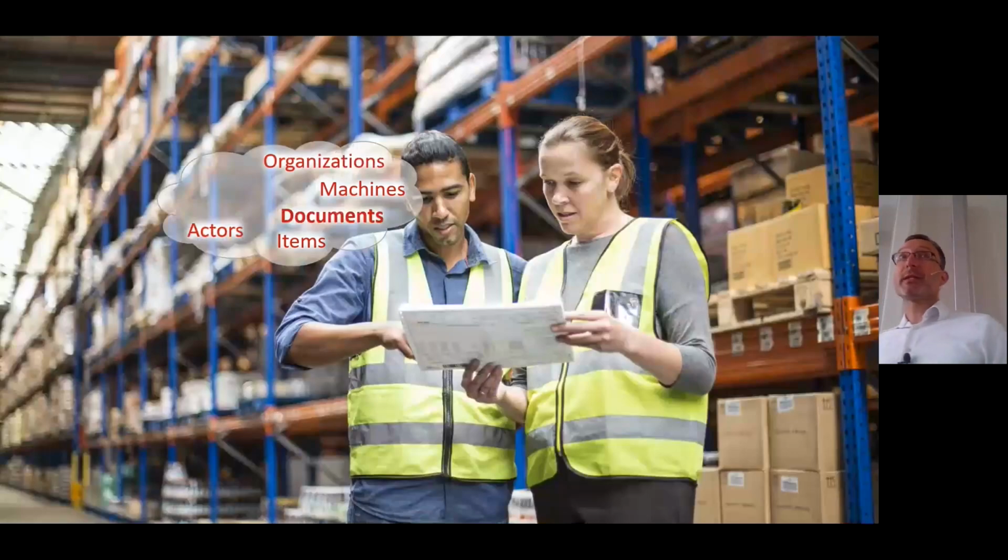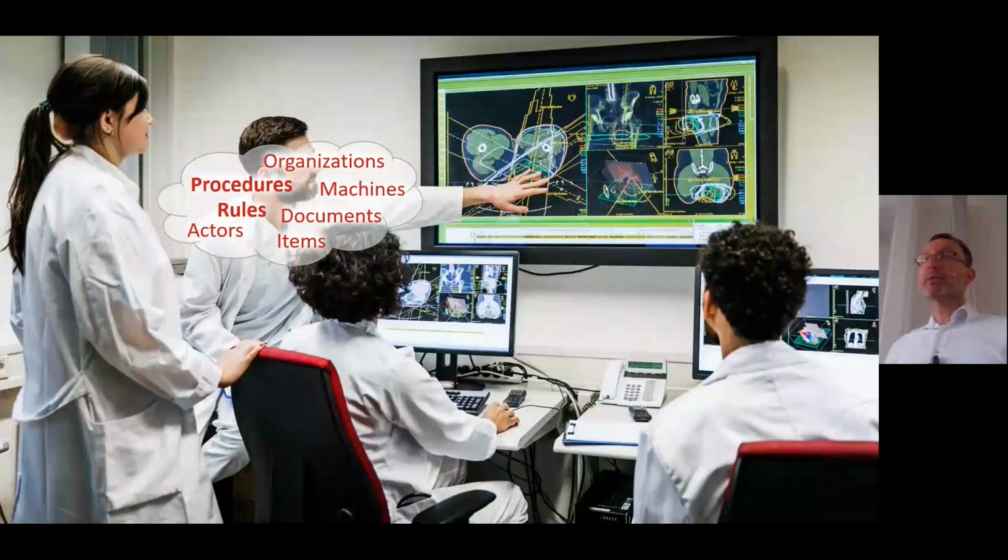We mostly use documents to manage the information flow. These documents tell us what to do, and we create these documents to tell other people what to do. We also have all kinds of procedures and rules in place to manage how people do the work in a way that we have the outcomes that we want to have, right? Healthcare is a prime example. You can't just do anything. You need to follow particular guidelines.